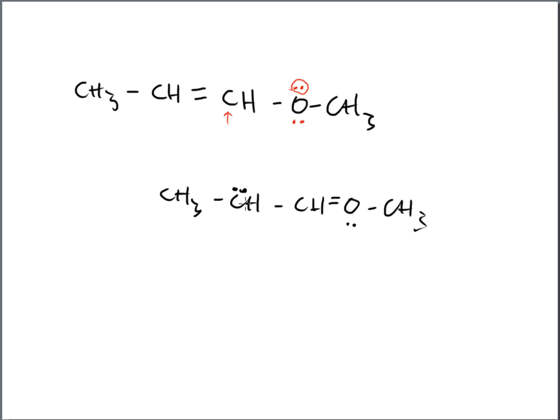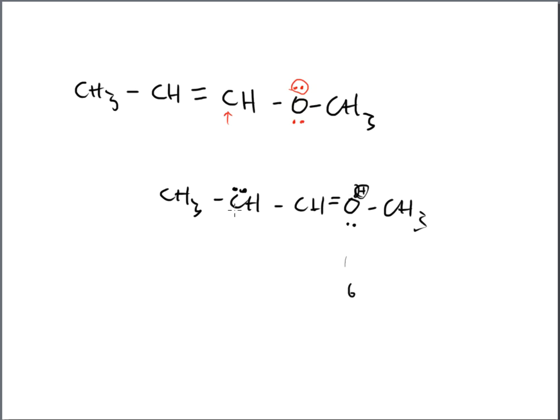When this happens, let's take a look at this oxygen's formal charge. Normally it's a 6 valence. Right now it has 1 from the bond, 2 from the bond, 3 from the bond, 4 from the dot, 5 from the dot. Well, this is now a full-blown positive really at this point.